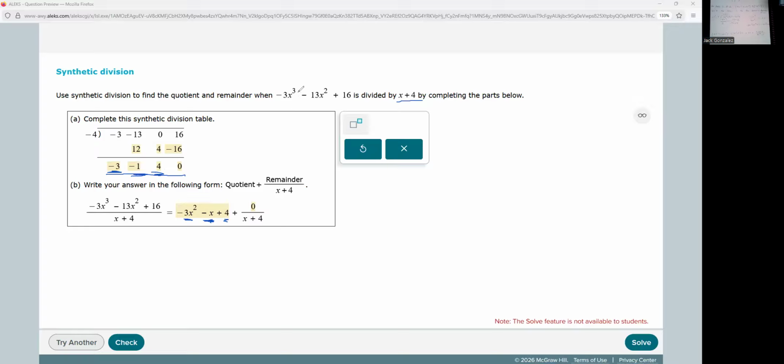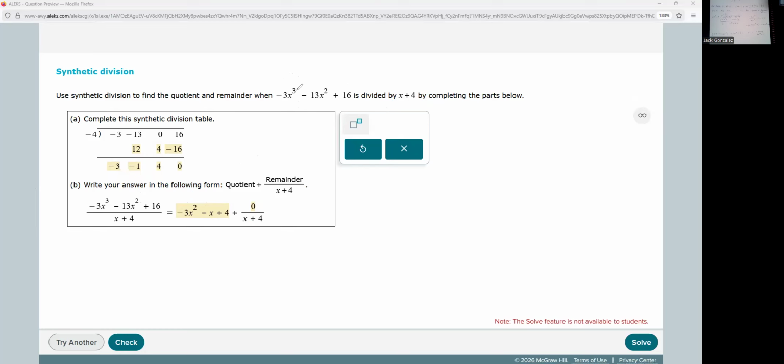So I went from a cube divided by a 1, got a quadratic. So the result will always be 1 less. So this would be power 2, power 1, constant. And if there was a remainder, you would add the remainder like this, but there isn't any, so it's just going to zero out.